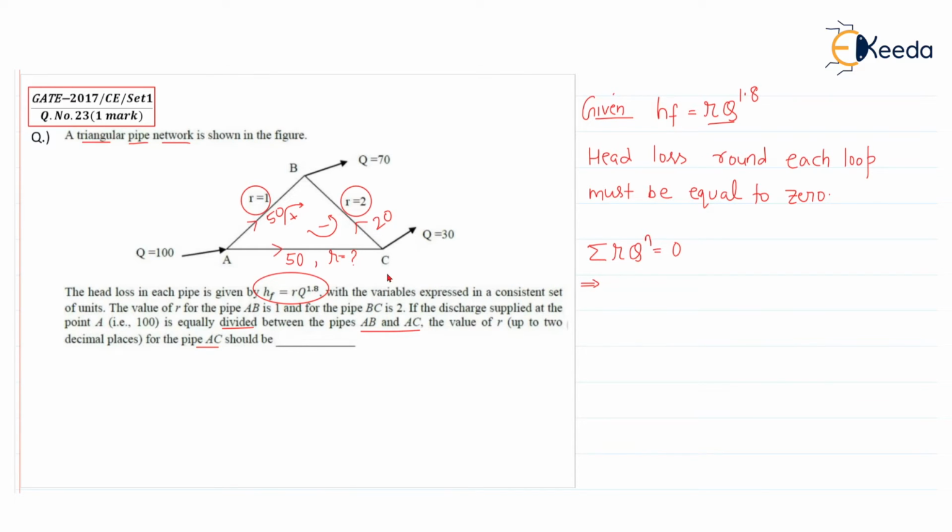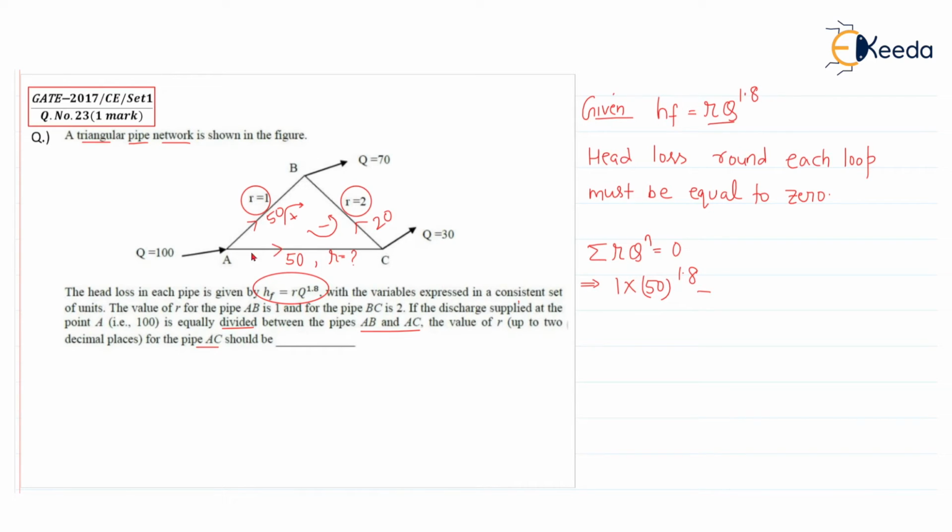So first of all, we'll take the pipe AB. Look at the sign, it is plus, so I'll write 1, R is 1 into Q is 50 to the power of n, which is 1.8. Then for the pipe BC, it is in the anti-clockwise direction, so minus 2 into Q is 20 to the power of 1.8.